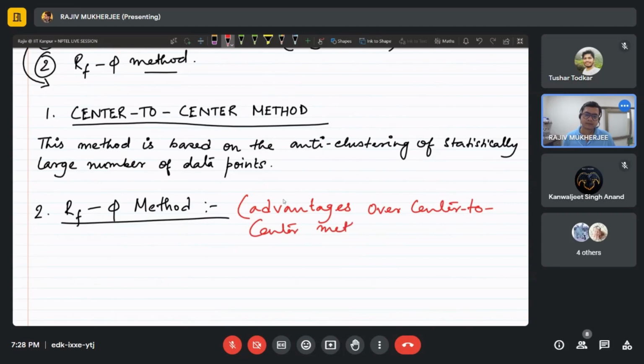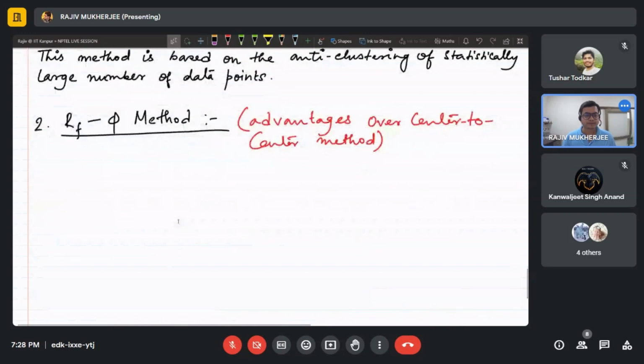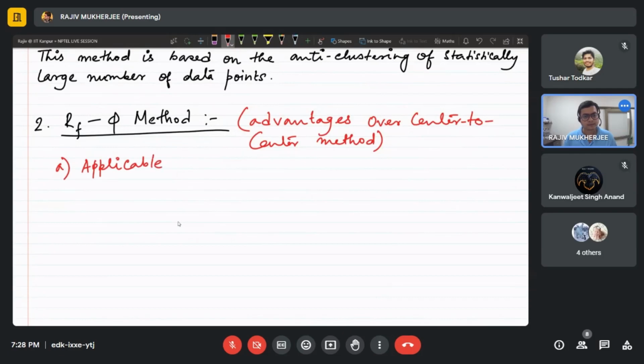Now these advantages being, number one, this is applicable for initially oriented and elliptical objects, right?